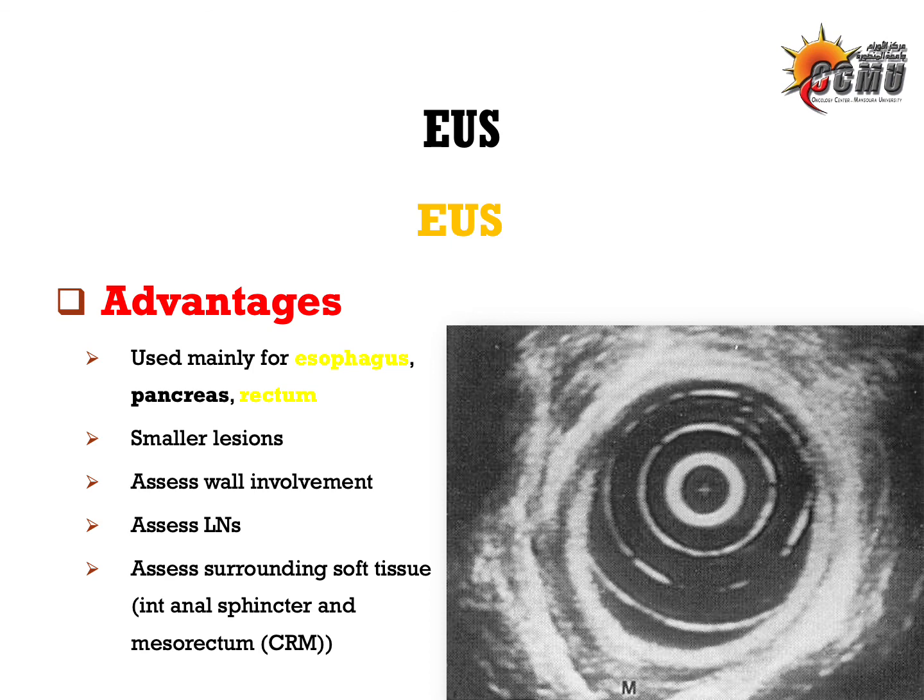It assesses the transmural involvement of the tumor, that's the T stage. It assesses lymph nodes around the tumor, that's the N stage, and it also assesses the surrounding soft tissue. And in the rectum, we're concerned with the internal anal sphincter because its compromise would alter the management, as well as the mesorectum involvement.